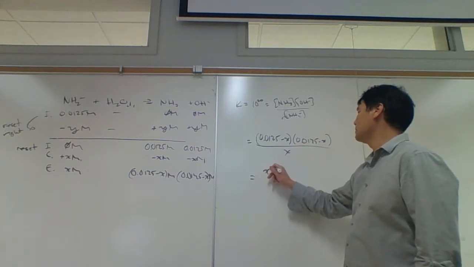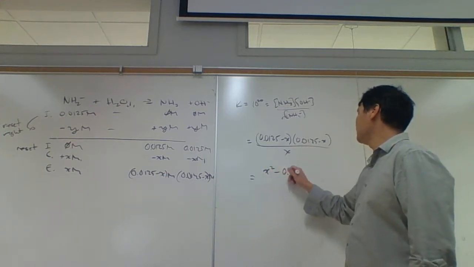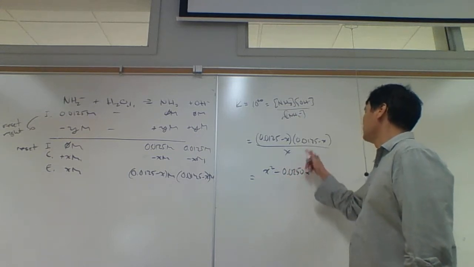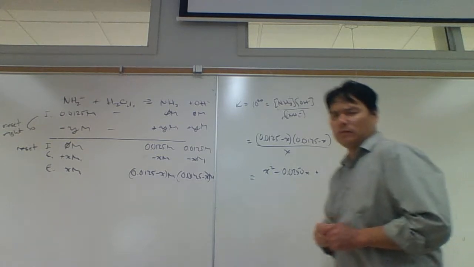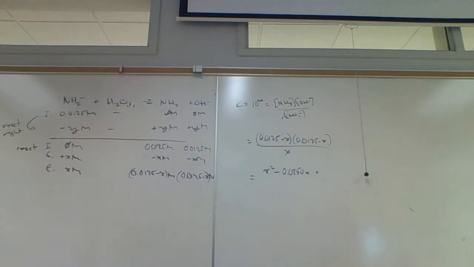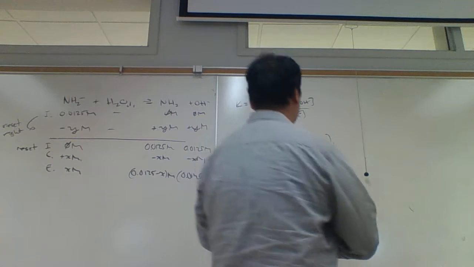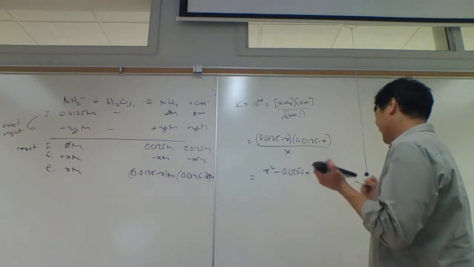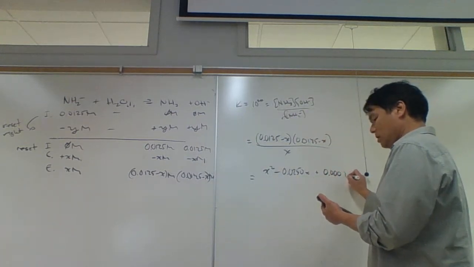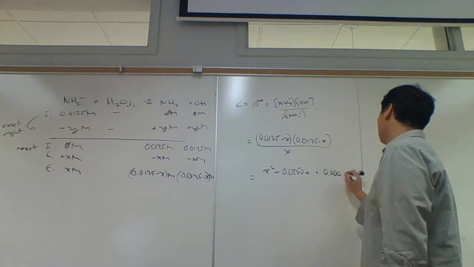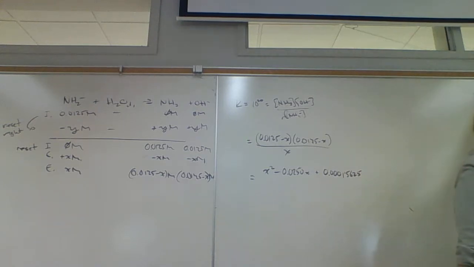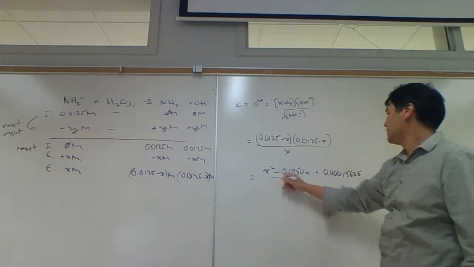And this is going to come out as x squared minus 0.0250x, and then 0.0125 times 0.0125 is what? 0.0125 squared is 0.00015625. So I'm going to carry all those digits. Okay, this is going to be divided by x.